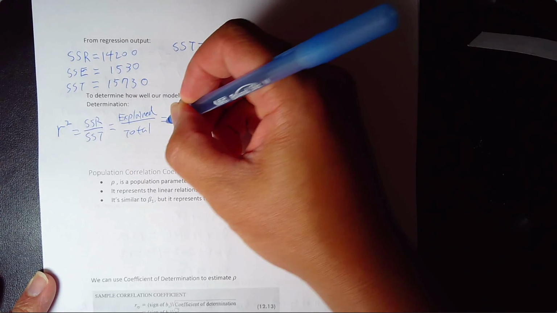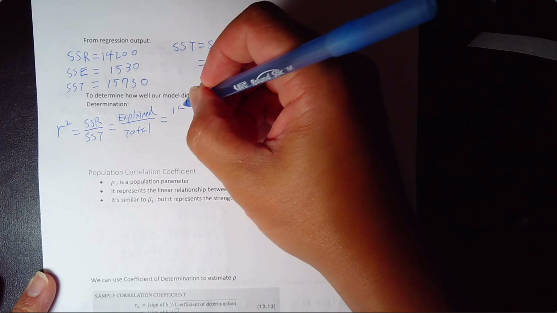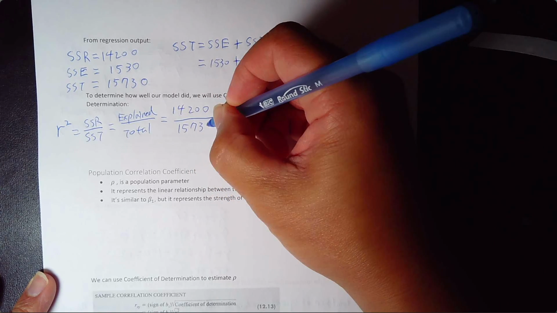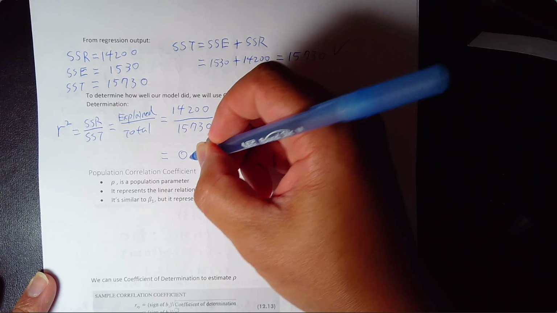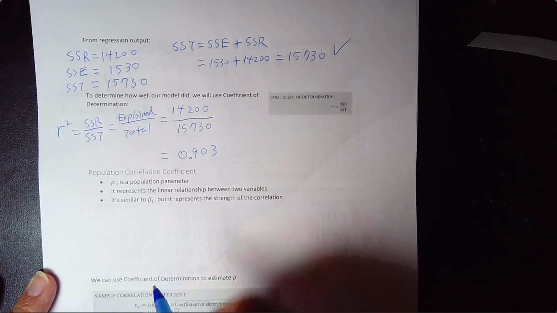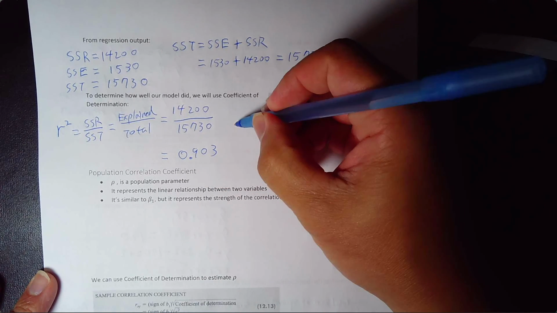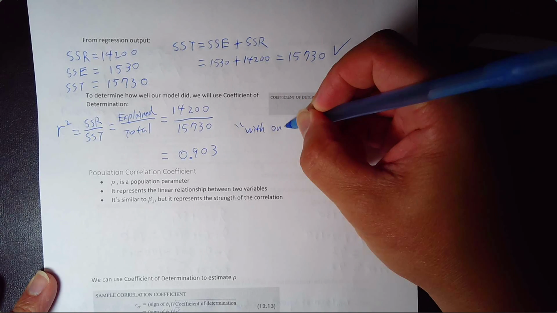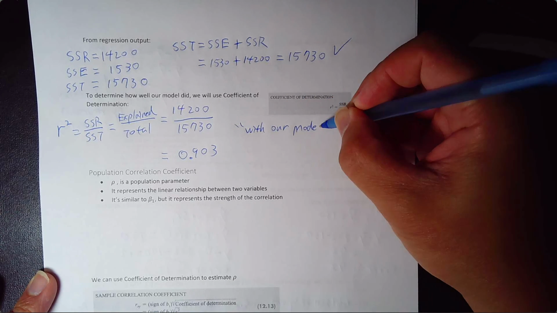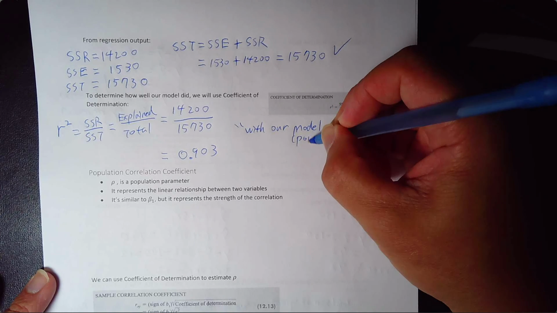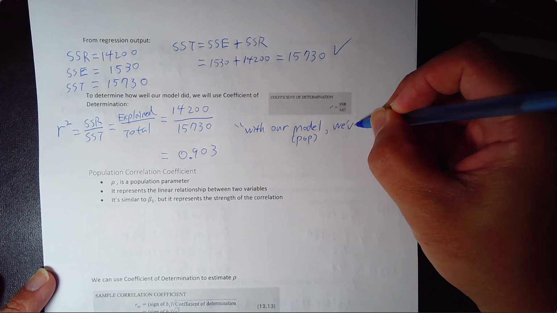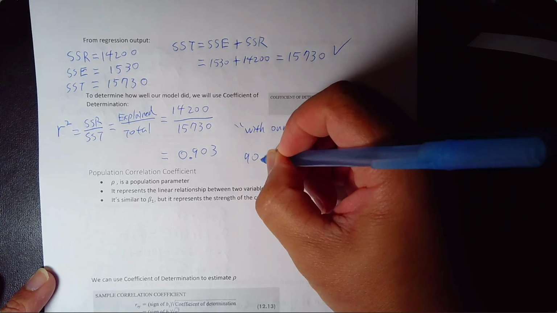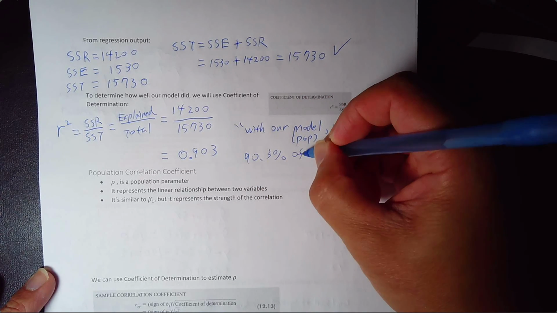For our example, 14,200 divided by 15,730 gives us 0.903. How can we interpret this? Well, we can say that with our model, or in other words, with population, we explained 90.3% of the total deviation.